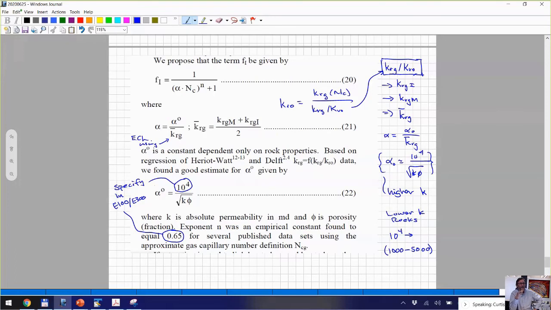My understanding was that you could have a different FI for the KRG and the KRO. That is possible. You can choose whether KRO is evaluated with the ratio, which is stated as the preferred method, or with this other transition function from the Harriet-Watt model. But then you have two parameters which you have to determine by lab experiments.